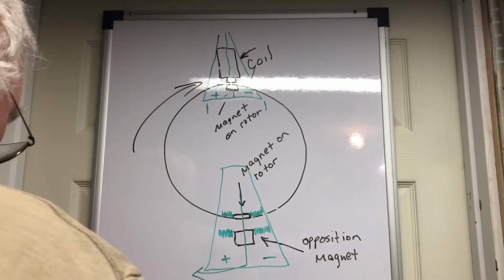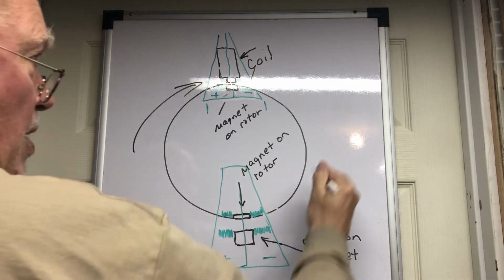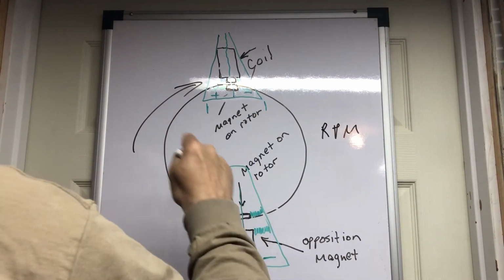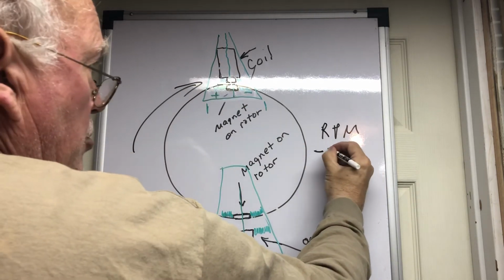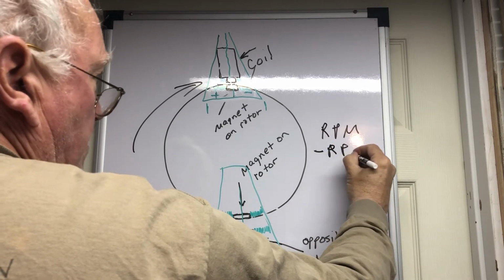But let's just talk about very specific things. With no coil in place, no opposition magnet in place, you have a specific RPM that your motor is able to turn this rotor. Now, when you introduce the coil, you're going to lose some RPM. That's just what happens.